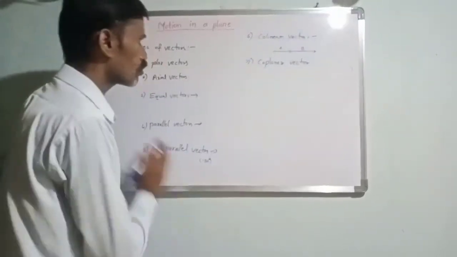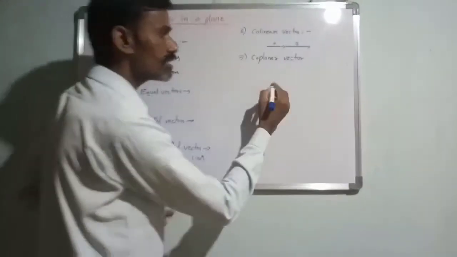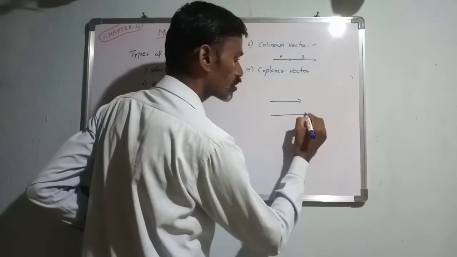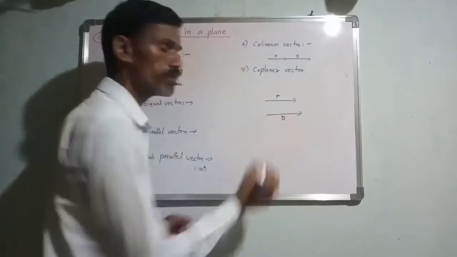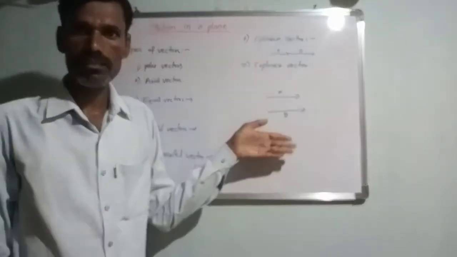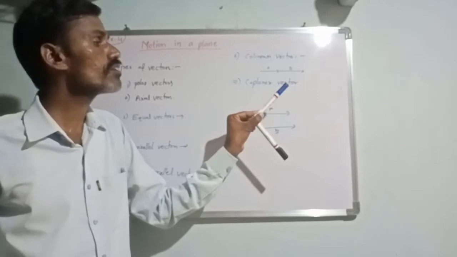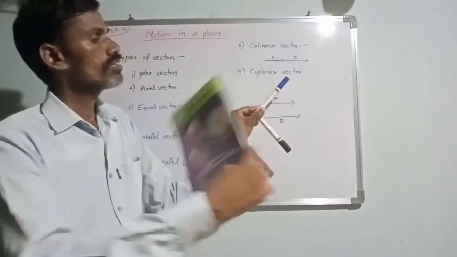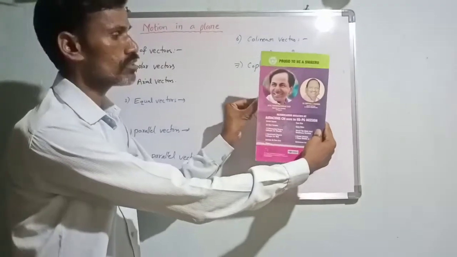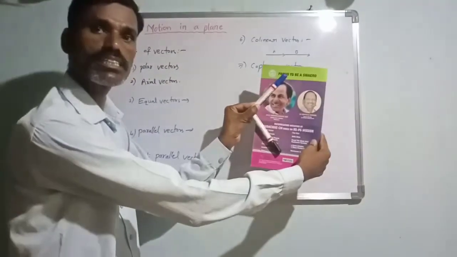Suppose this board is a plane, and on it we draw two vectors. Now these two vectors A and B are in the same plane. One is in this direction, another in that direction, but these two vectors act in the same plane.